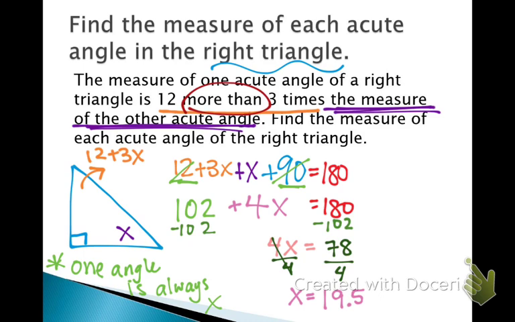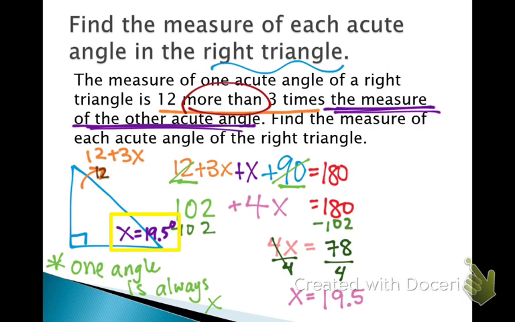Did it ask what x was? No. It asked the measure of each acute angle. Well, luckily, one of the angles is called x, so technically we found one of them. So one of them is 19.5 degrees. Then we need to find the measure of the other, which was 12 plus 3x. So what are we going to do there?